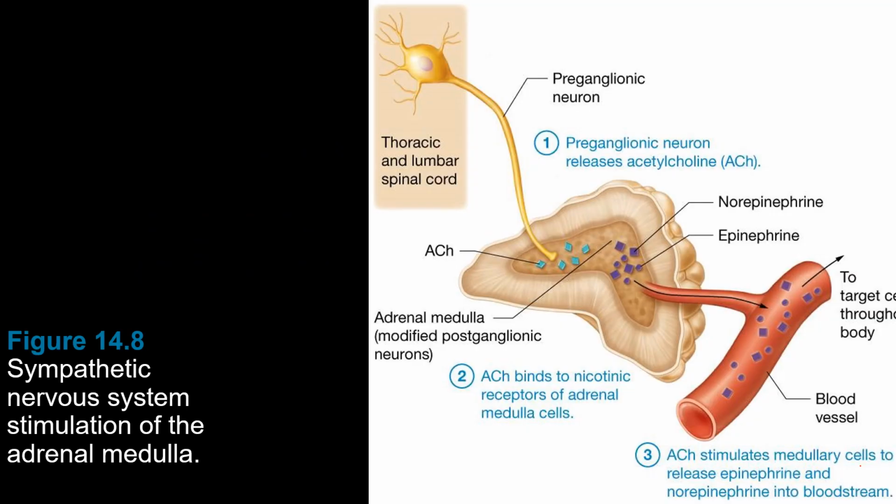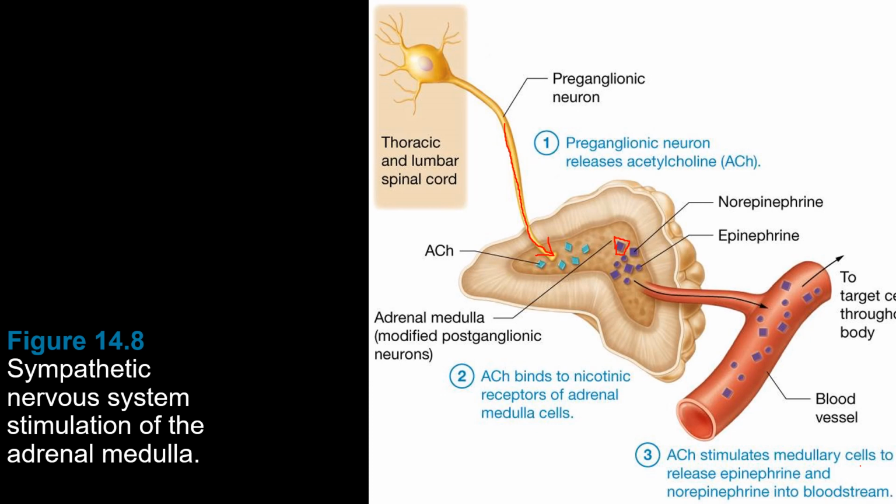Now then, as I said, this preganglionic neuron is going to secrete acetylcholine into the adrenal medulla, okay? This adrenal medulla is going to have various cells that accept this acetylcholine, and then they begin producing norepinephrine and epinephrine in massive numbers.